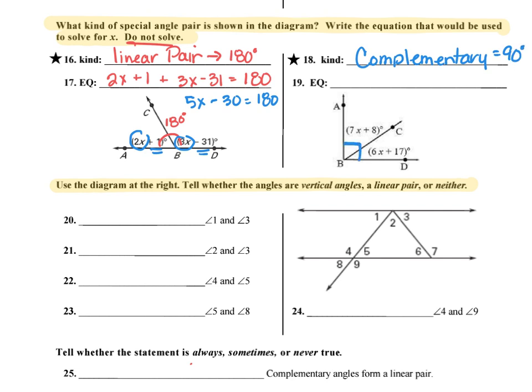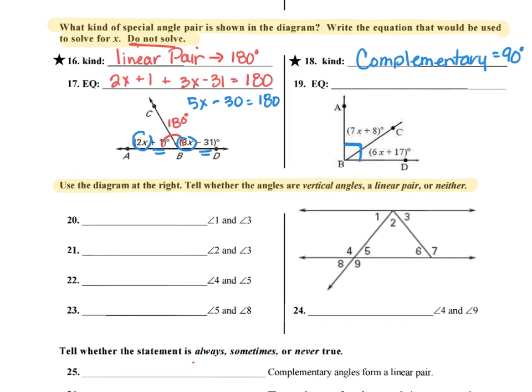Here's our little box right here. So we're going to take the two parts of the angle, this left part and this right part, if you will, and we are going to add those together for 90 degrees. We're going to write 7x plus 8 plus 6x plus 17 equal to 90.